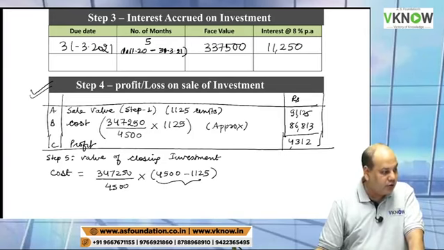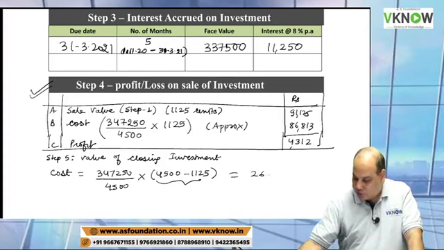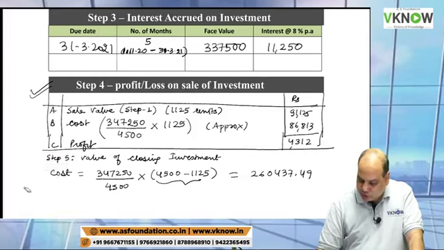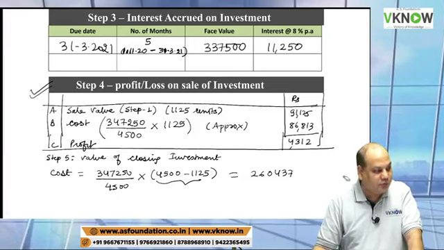Anybody for closing investment? So approximately 260,437.49 you are getting. So 49 you can remove. You can just keep 260,437.